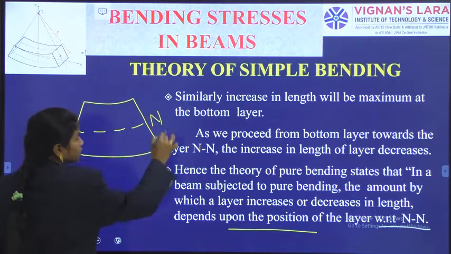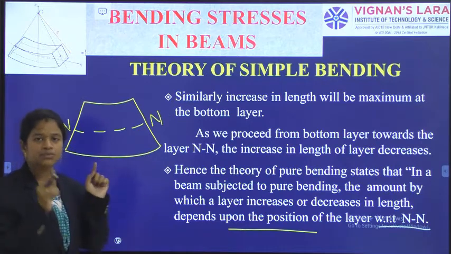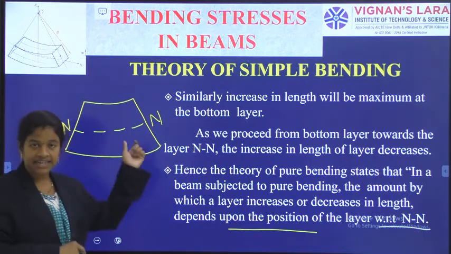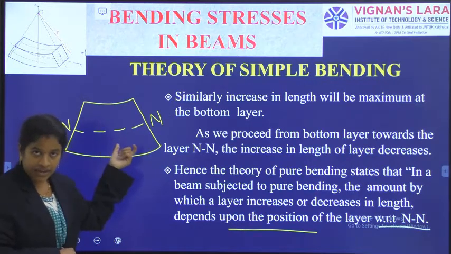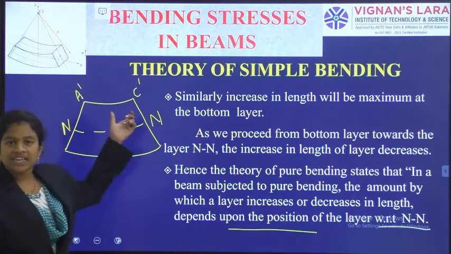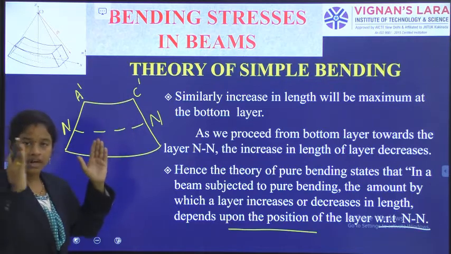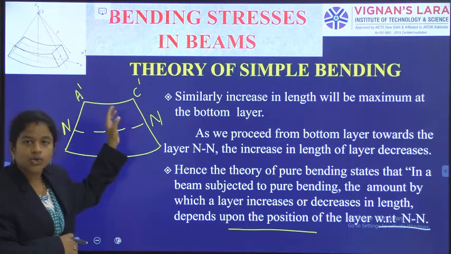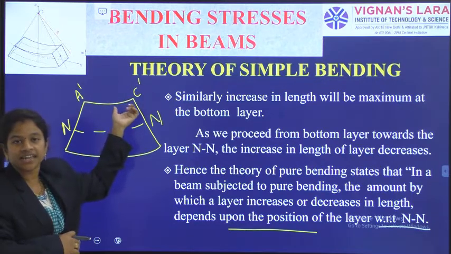So this is our neutral layer indication. Simply a small elemental length of delta x, that segment only I am taking. When we observe, this topmost element has faced a very high amount of compressive stress and it has shown the maximum change in the length.